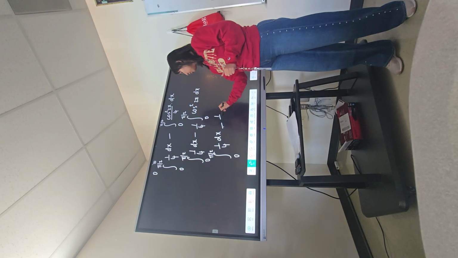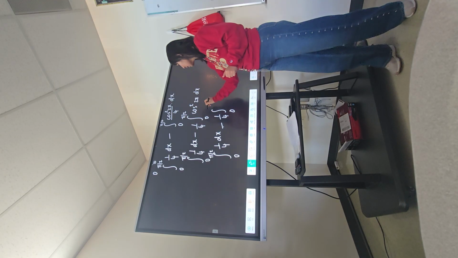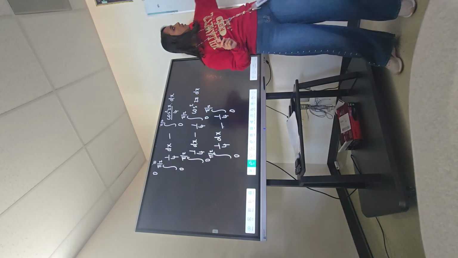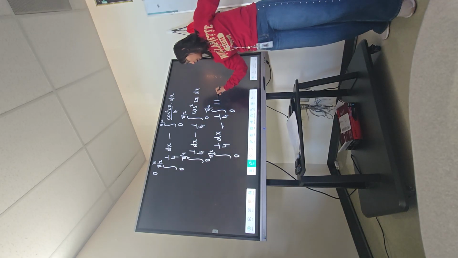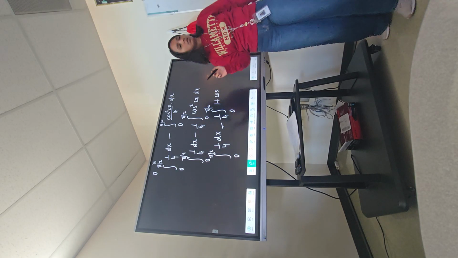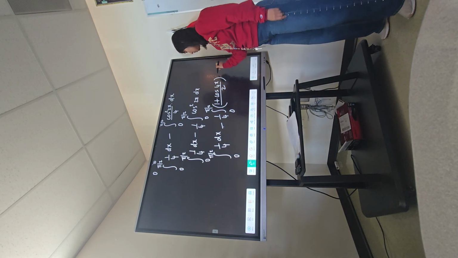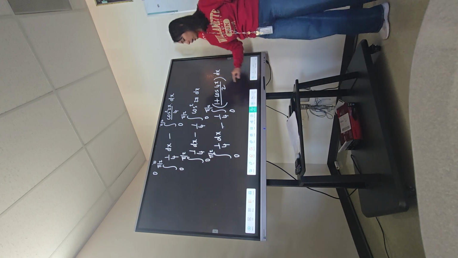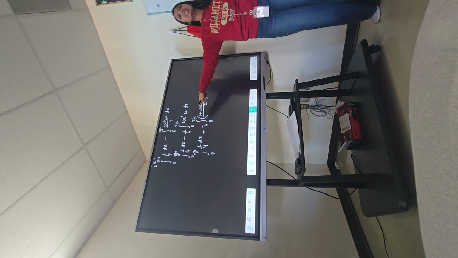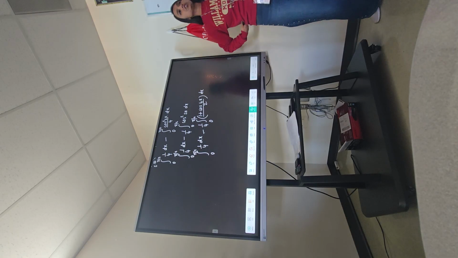Minus 1/4, I am rewriting cosine squared of 2x as 1 plus cosine 4x over 2 dx. Once we have all single exponents, then we can just do our math.